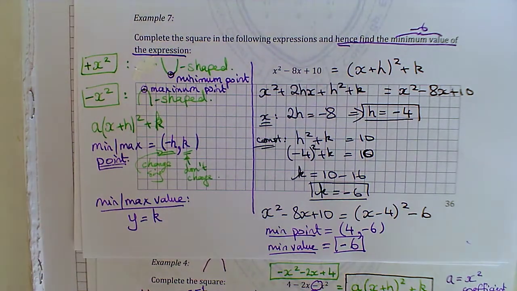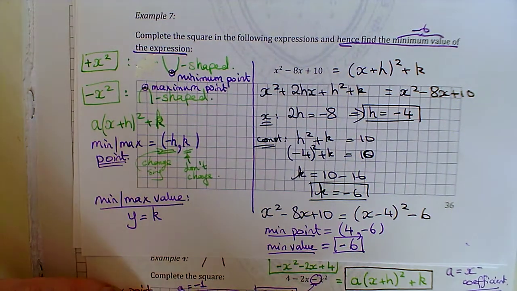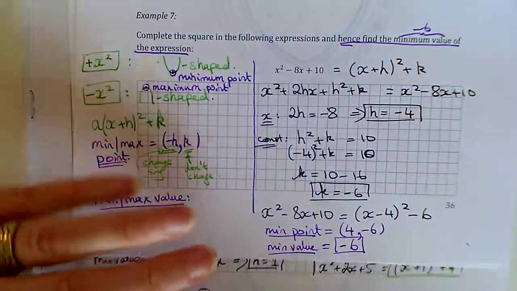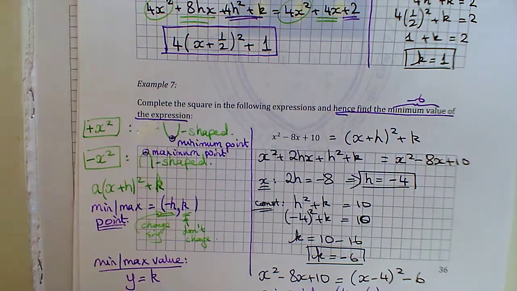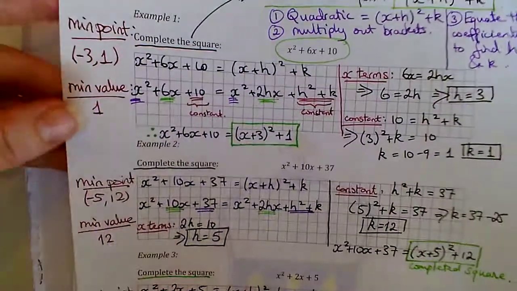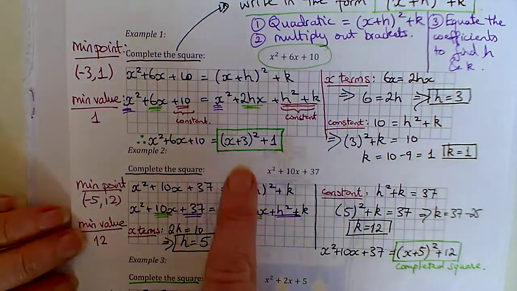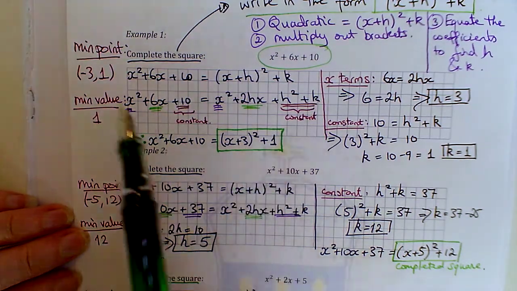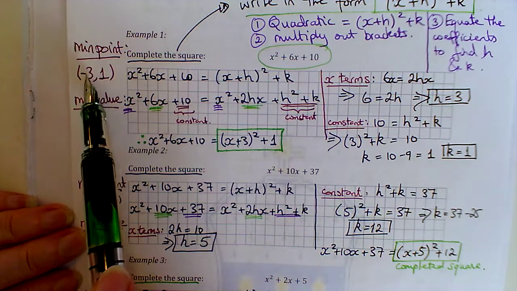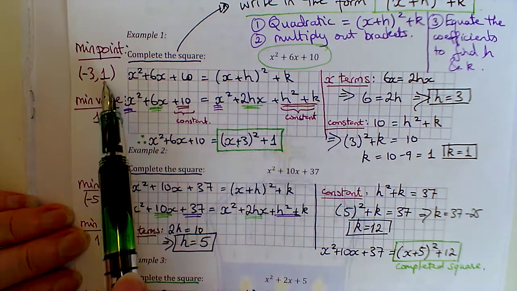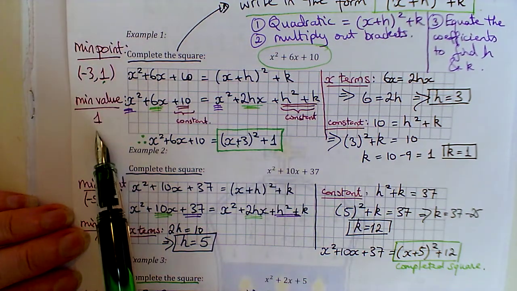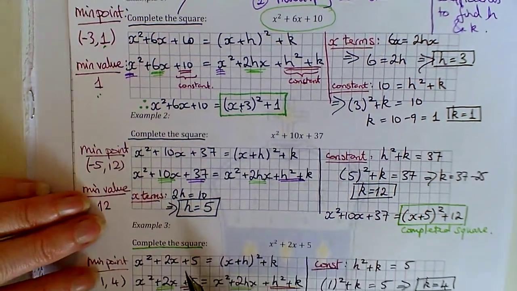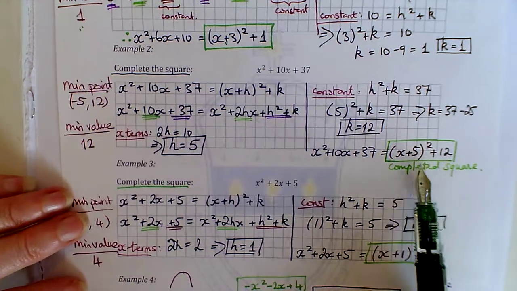So going back through our different examples right from the beginning, and I already wrote them down actually. This one here, this was our completed square format. So my minimum point was change this sign, minus 3, don't change this sign, 1. The minimum value is just the second part there, 1. Example 2, here is our completed square.